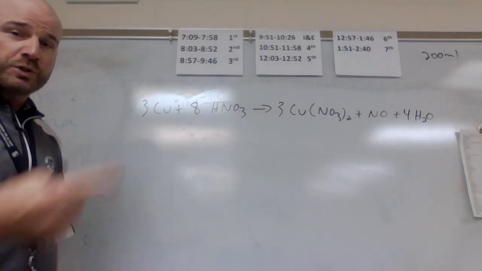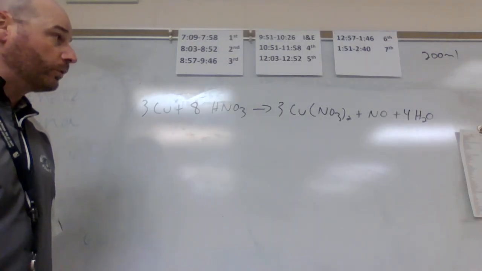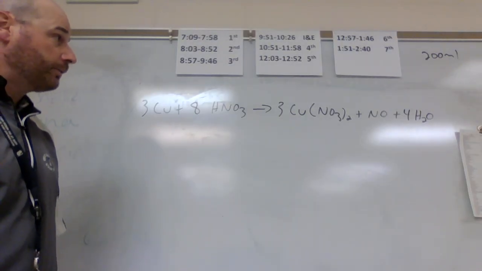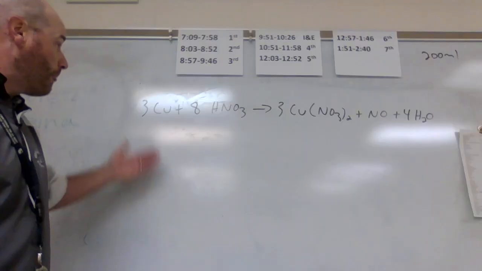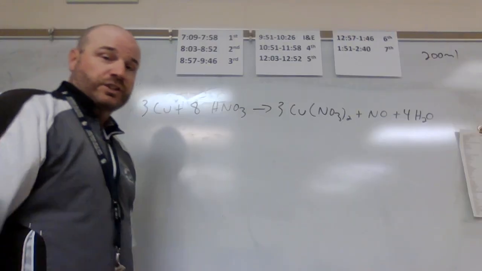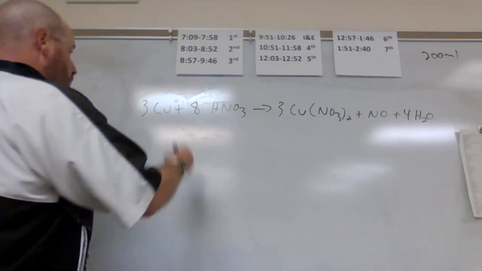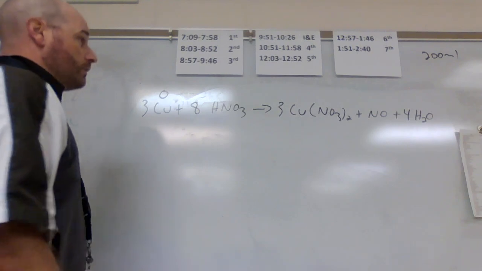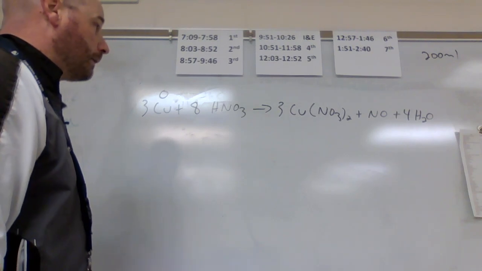Again, I would encourage you to pause and try to work this out on your own before you see me do it here. So always, let's get the easiest ones out of the way. Assign our oxidation numbers, the ones that are unbonded, 0. So that's the only one that's going to be in there.